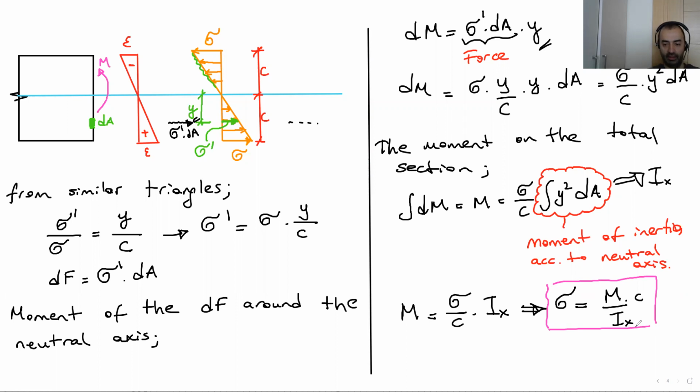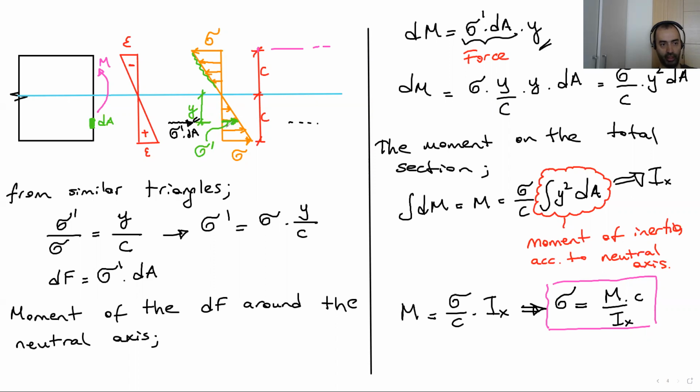This is the general stress equation. You can find the stress wherever you want on the section. For example, if we are using c as the distance from the neutral axis, that means we are going to calculate the stress at this level.